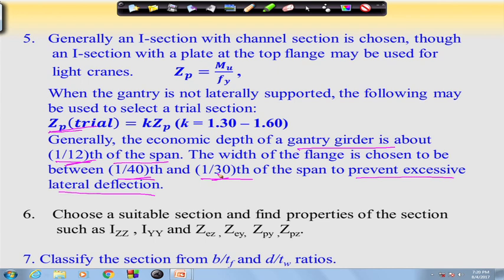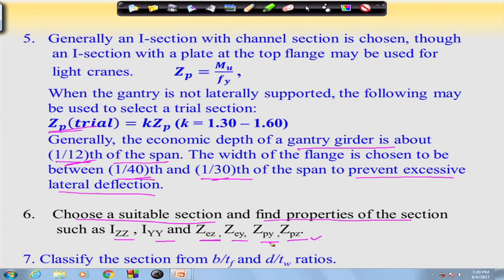So, keeping all this in mind, we will now choose a suitable section from SP6, okay, and we can note down the relevant properties of the section, such as IZZ, IYY, the elastic section modulus along Z, along Y. Similarly, the plastic section modulus ZPY, ZPZ. ZPZ is given in IS 800 2007.